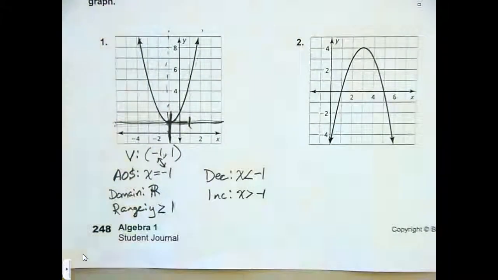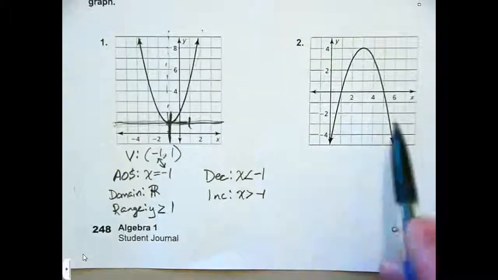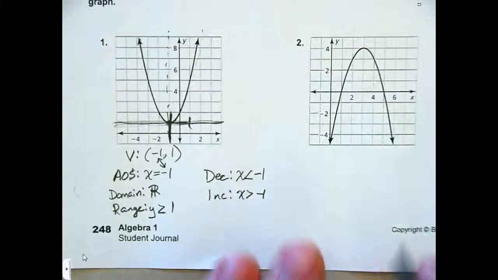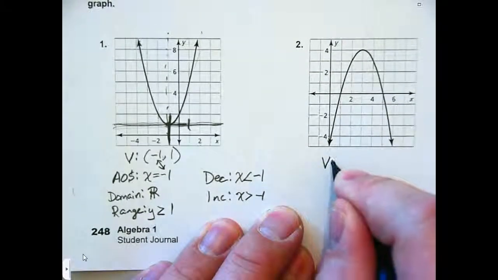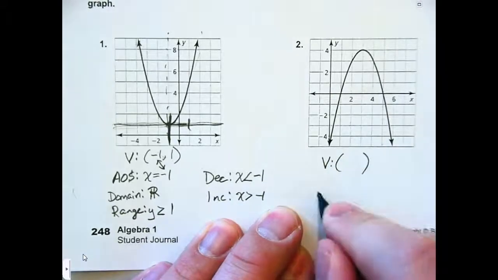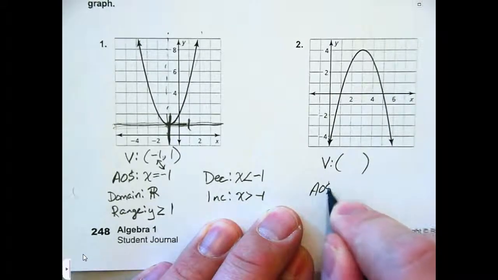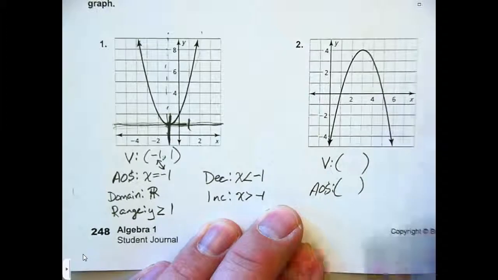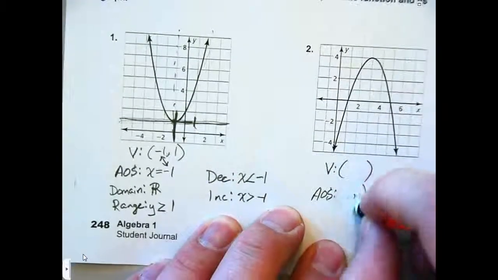Those are the characteristics. So I want you to do the same characteristics on number 2. Describe the vertex. Describe the axis of symmetry. Oops, it's not a coordinate.